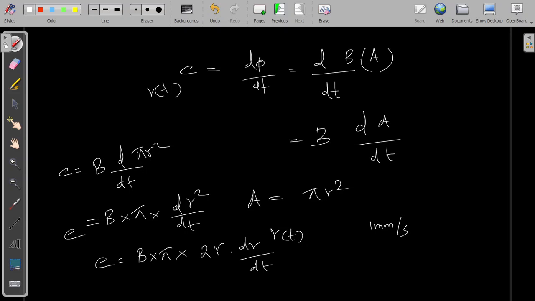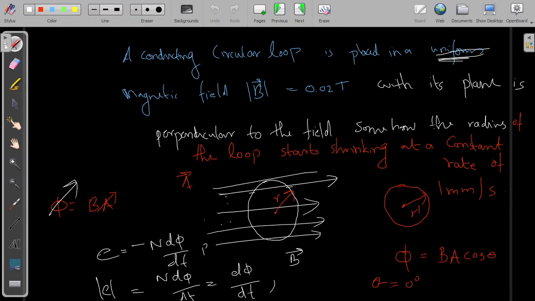Then E is equal to, and here he is asking for the induced EMF.